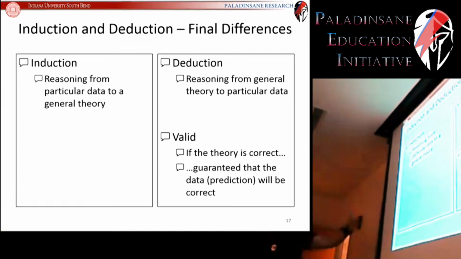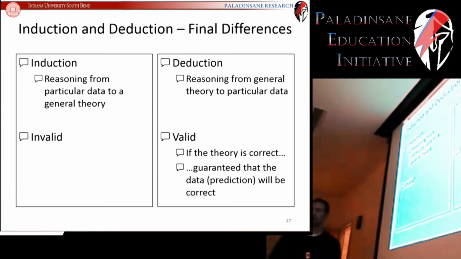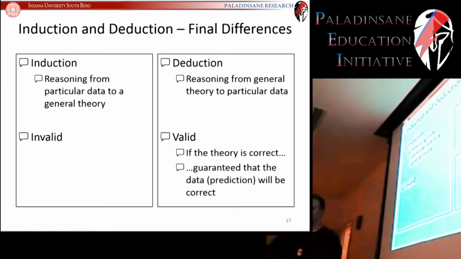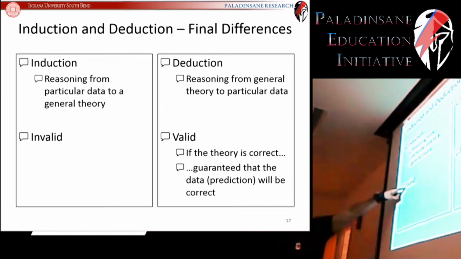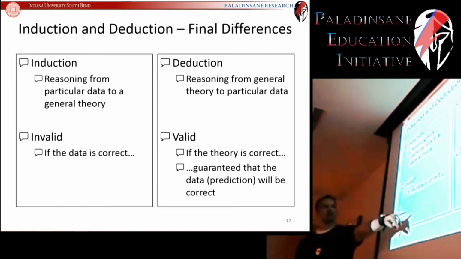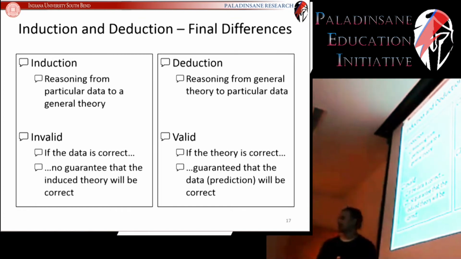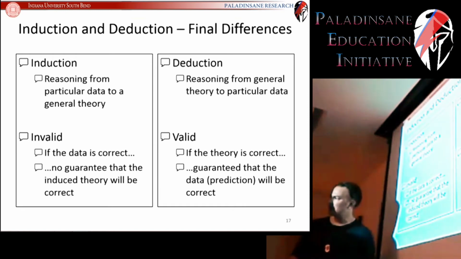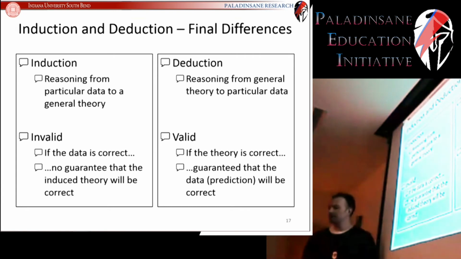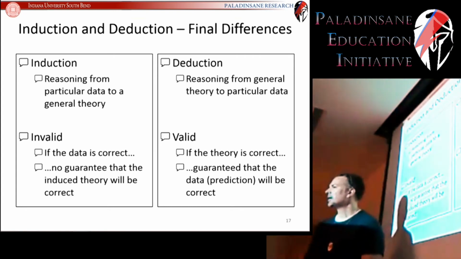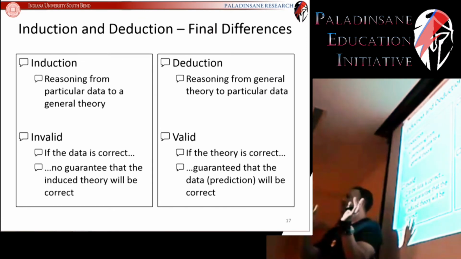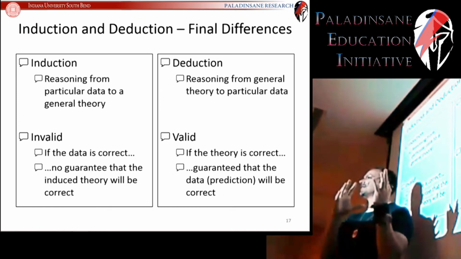Now, induction, on the other hand, is what is called an invalid form of reasoning. And again, this is a very limited philosophical definition. An invalid form of reasoning means that even if your data is correct, you're not guaranteed that your induced theory is going to be correct. We saw this today. So many times I was called over to a group and they had a new theory that fit all the data.